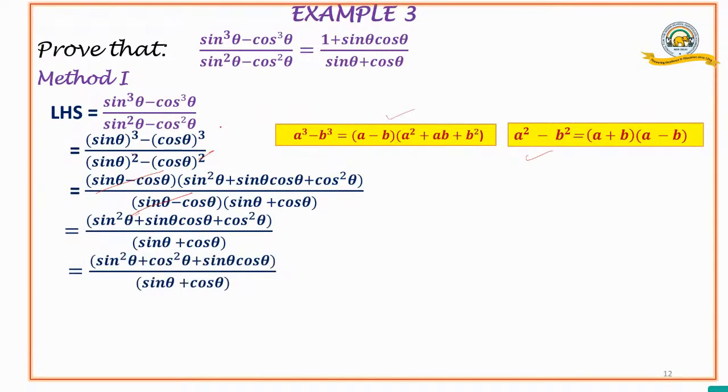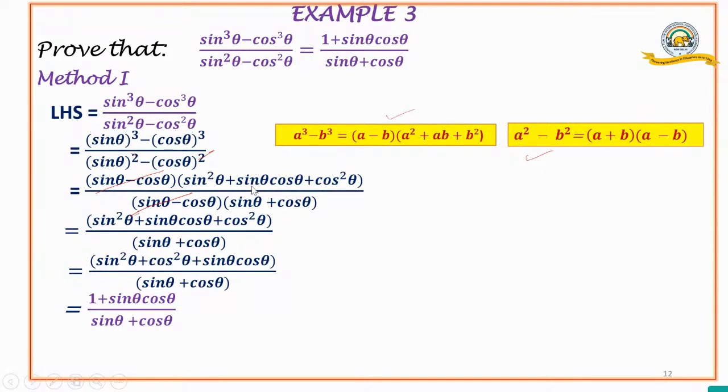See, we have already got our denominator. Now we have to see how we can get our numerator. Now sine square theta plus cos square theta, I've rearranged and written it as sine square theta plus cos square theta plus sine theta cos theta. It's not very essential, that step. You can directly write it down because we know that sine square theta plus cos square theta is 1, plus sine theta cos theta.